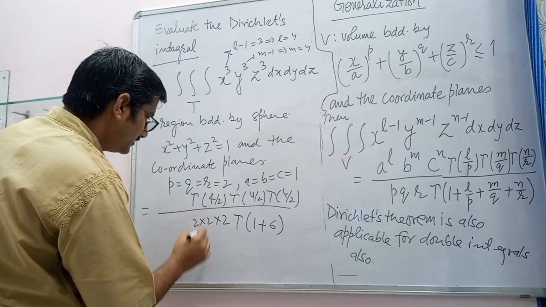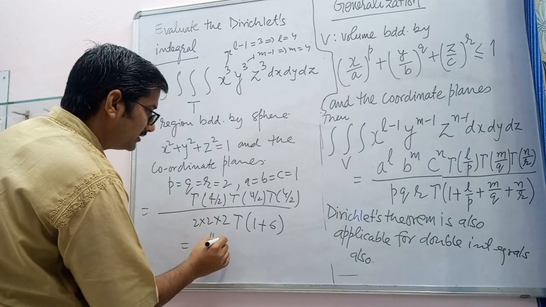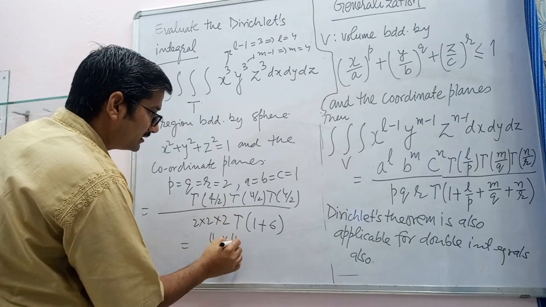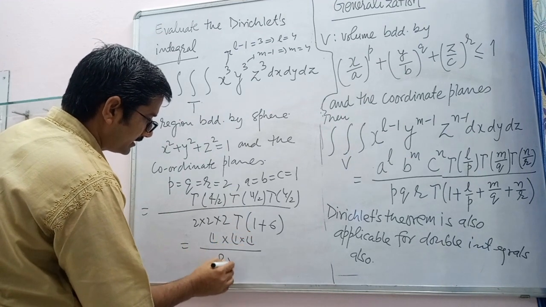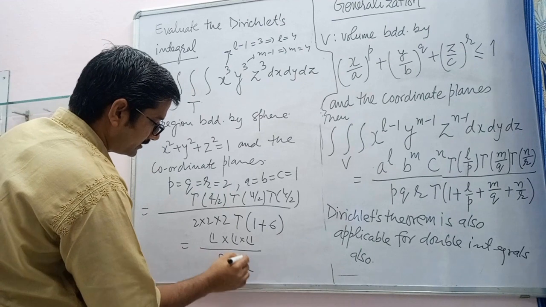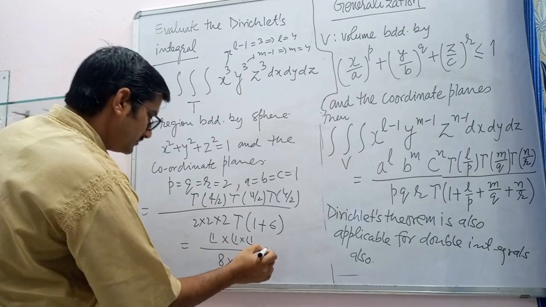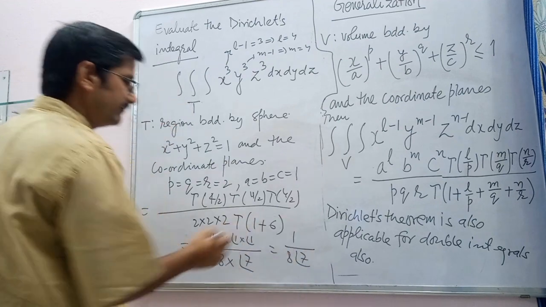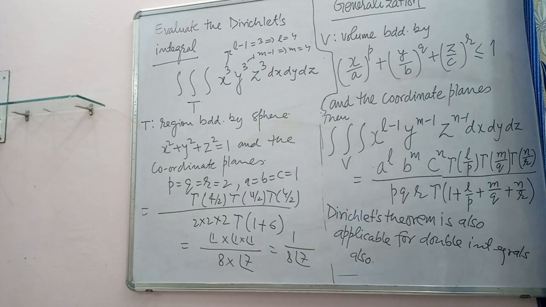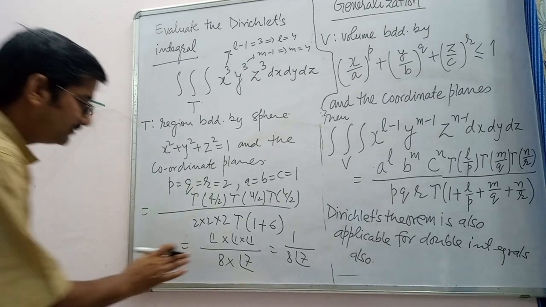So this will be gamma 2 means factorial 1, gamma 2 factorial 1, gamma 2 factorial 1, upon 8 gamma 7, it is factorial 6. So this is 1 upon 8 into factorial 6. So this is the answer of this problem.